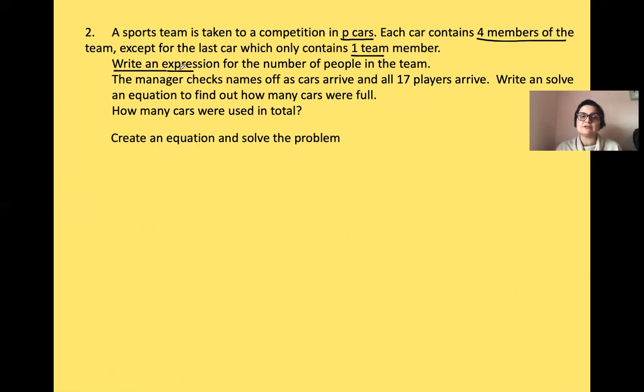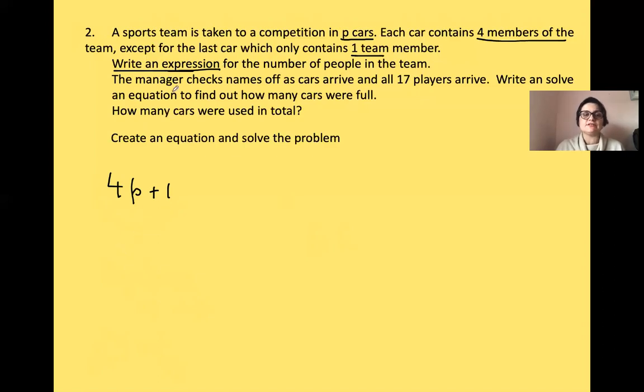It's not an equation yet, so no equal signs. So we're going to have P cars, 4 members for each car, so 4P, plus one team member in the last car.